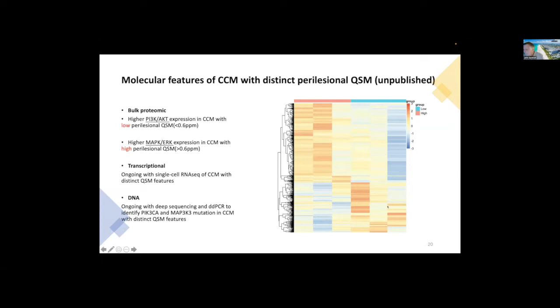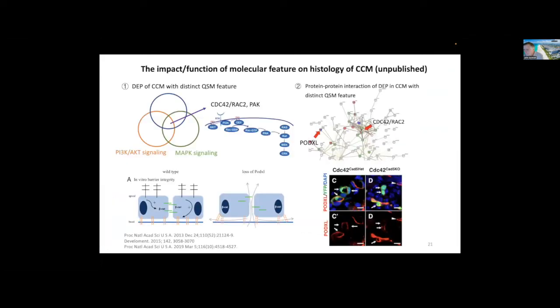Our ongoing project is to see the correlation between the gene mutation and the QSM features. We try to identify the differentially expressed proteins of CCM with different QSM within the PI3K and MAPK signaling.